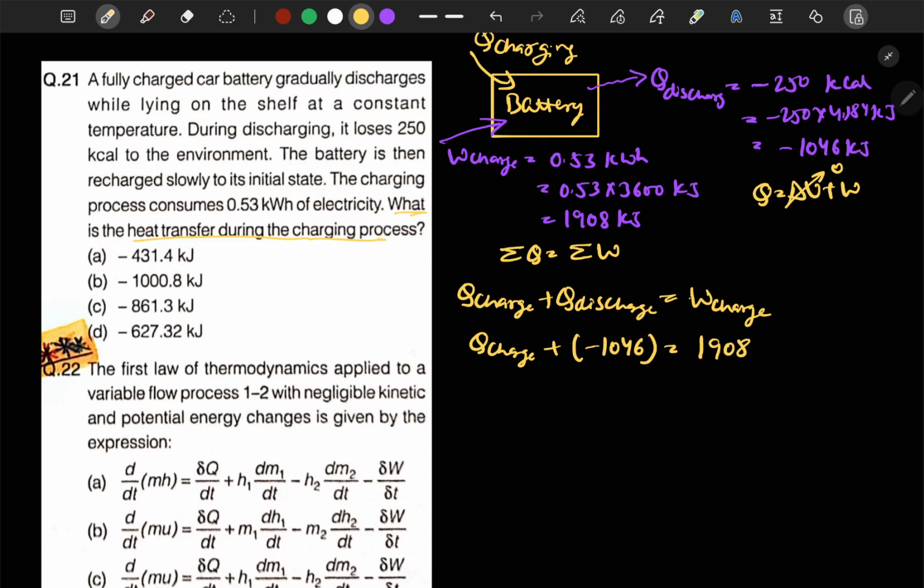One more thing to mention: since the work charge is supplied, this should also be negative, so we get minus 1908 here. On solving, Q charge is equal to minus 862 kilojoule. So this will be the answer.